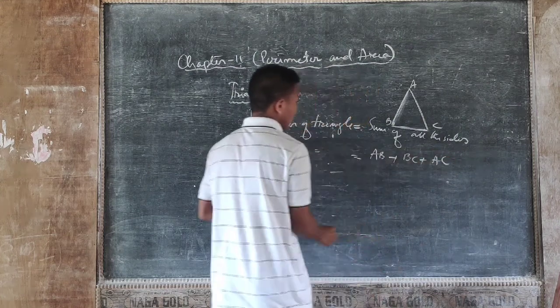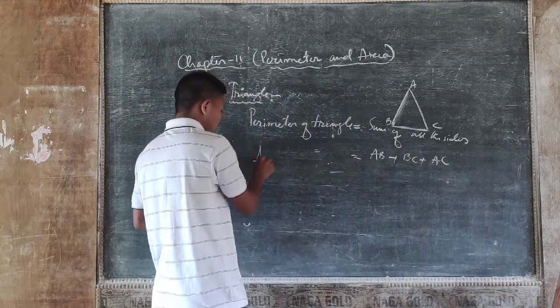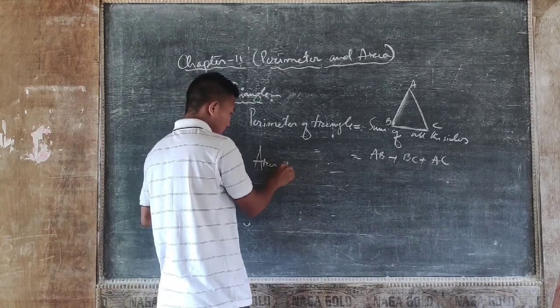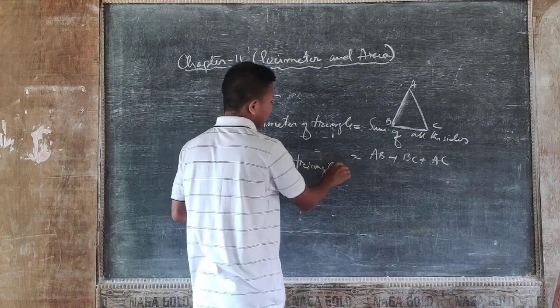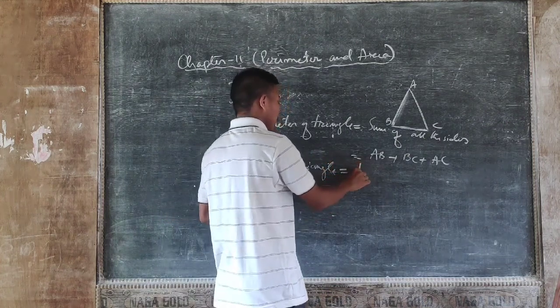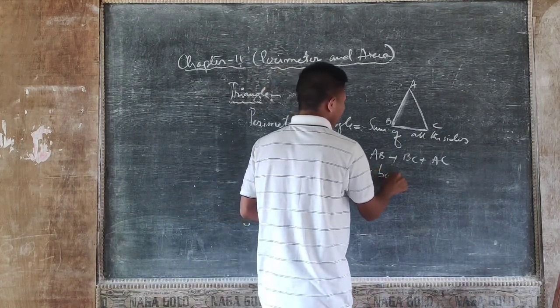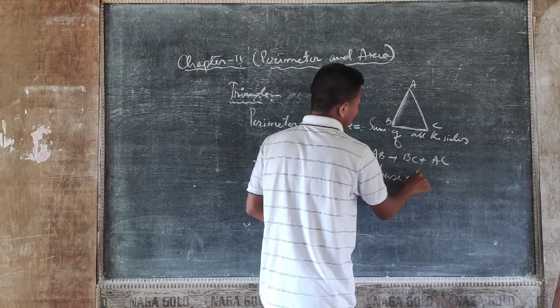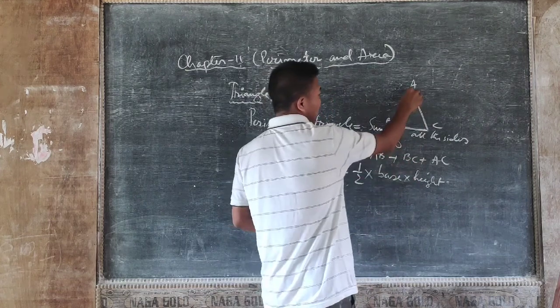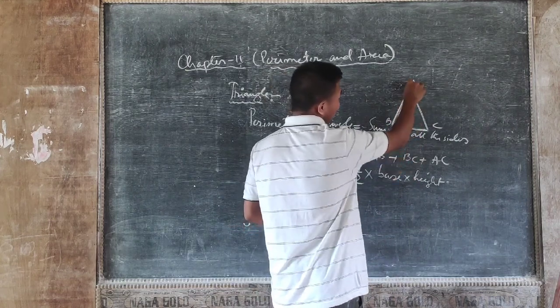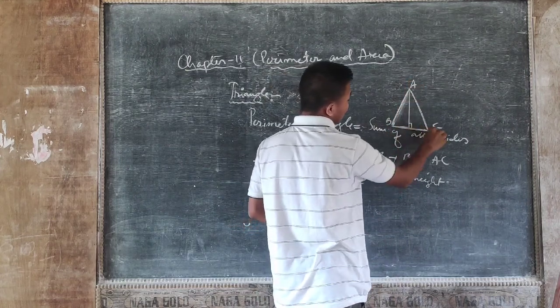And for the area of triangle, remember this, half into base into height. So suppose you draw a straight line like this from A, from the vertex A on the side BC.